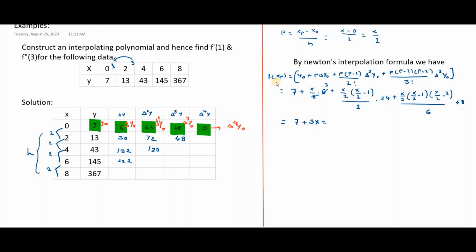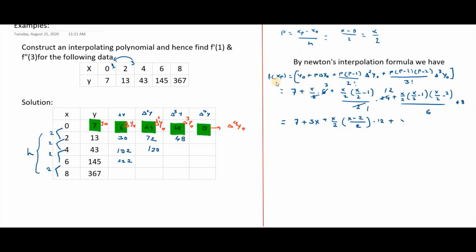plus, now x by 2 I will write as it is. Next bracket is x by 2 minus 1 is x minus 2 divided by 2, and here 2 1s and 2 12s get cancelled, so we are left with 12 plus.